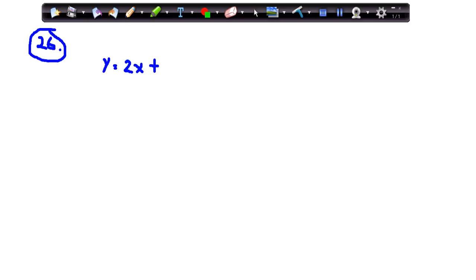And the second equation that was given was y equals half x minus 7.